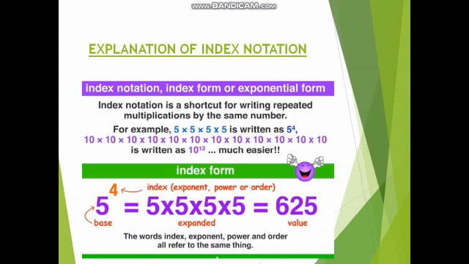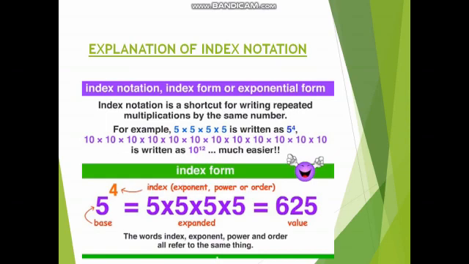For example, 5 into 5 into 5 into 5 is written as 5 raised to power 4. That means you have written the common base once and raised it to the power 4. When you expand that power, the same result will be given.